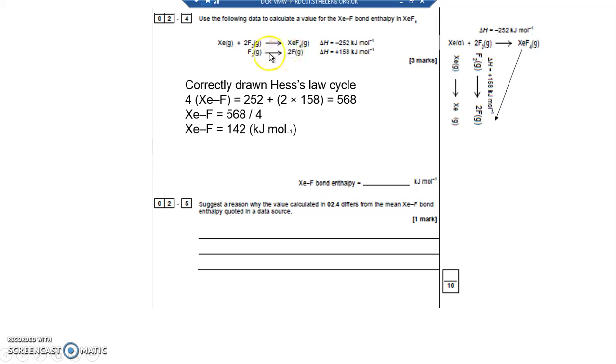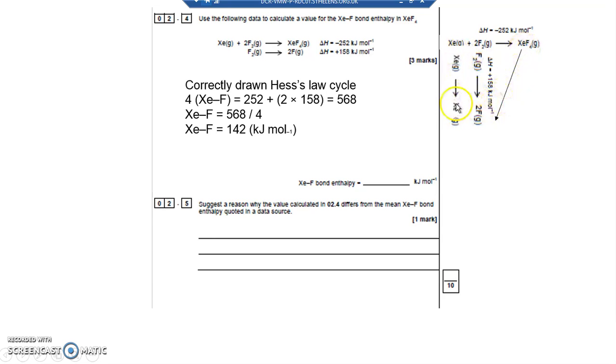And fluorine gas going to fluorine atoms, the enthalpy of atomization from fluorine F2 here to F gas, is +158. Now we're breaking up XeF4 into its atoms, Xe and 4Fs. So it was breaking it up into Xe and 4Fs.